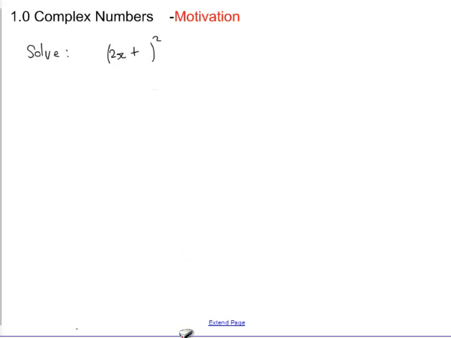Let me write that. Let's just say (2x + 5)^2 plus 20 equals 0.